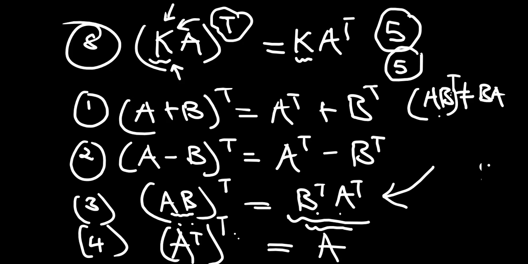And then the transpose applied to A is going to be A transpose. So (kA) transpose is equal to k multiplied by A transpose. Those are the 5 important properties when we talk about transposes.